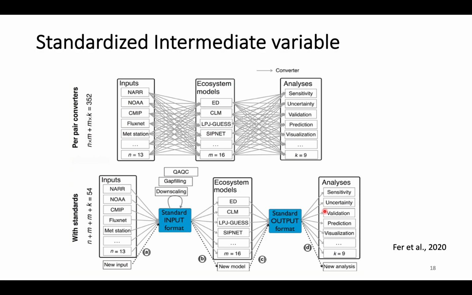The traditional approach in the top panel, where models work independently, requires efforts that scale up quadratically. However, in the bottom panel, community cyberinfrastructure adopts standardized data formats and shared analytic tools. As a result, the effort of involving new data, new models, and analysis increases linearly.